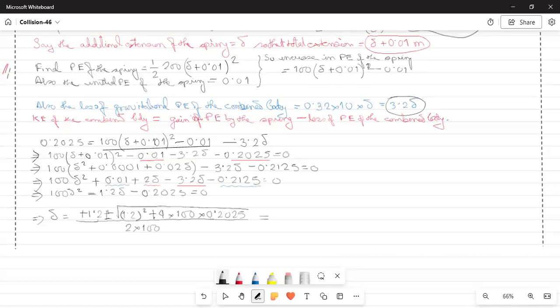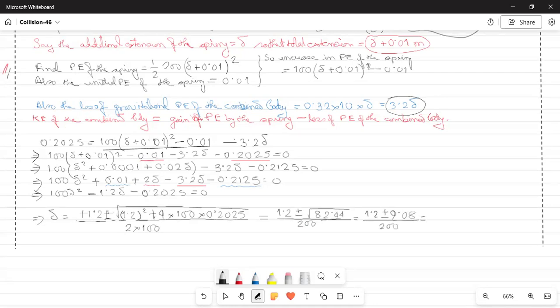If you calculate this, you will find this is 1.2 plus minus under root 82.44 by 200. This is equal to 1.2 plus minus 9.08 divided by 200.